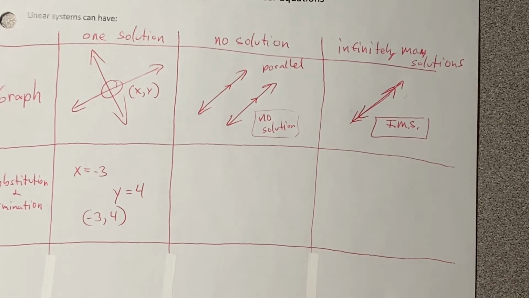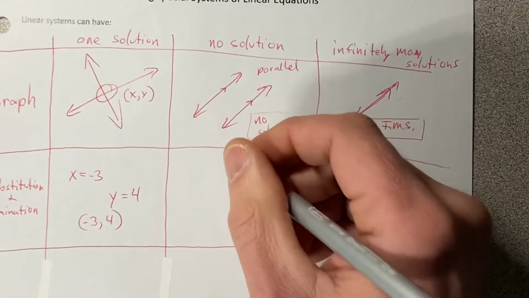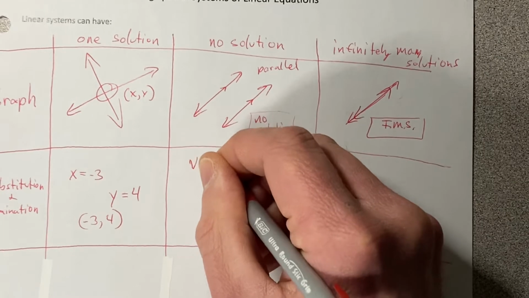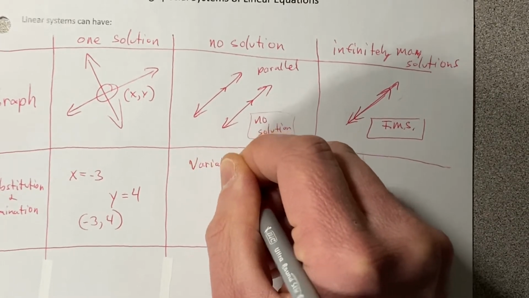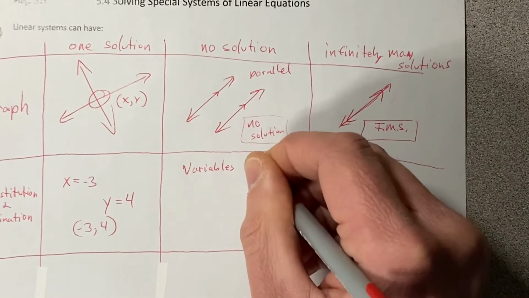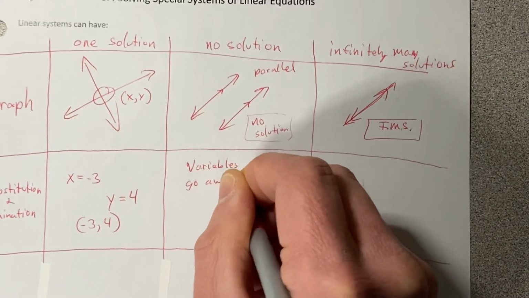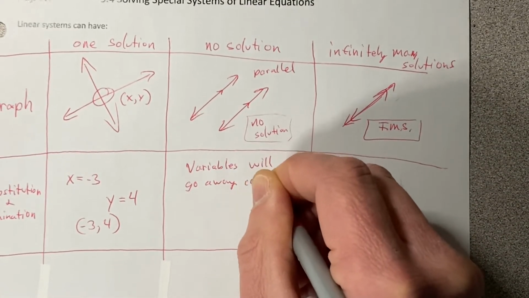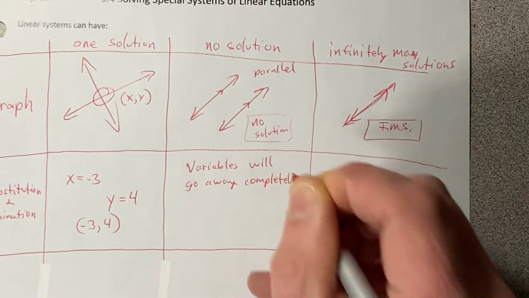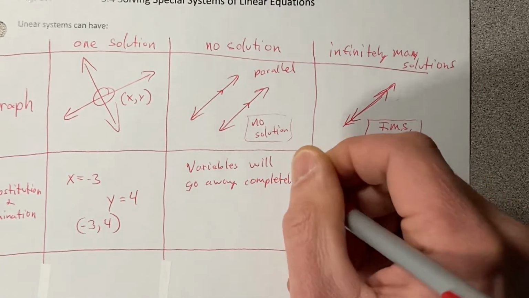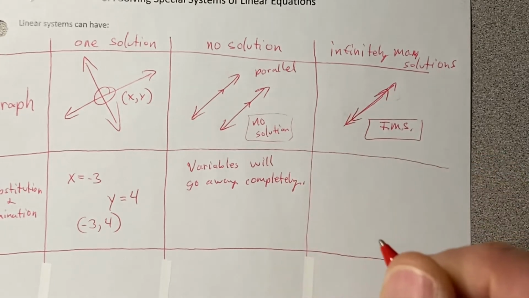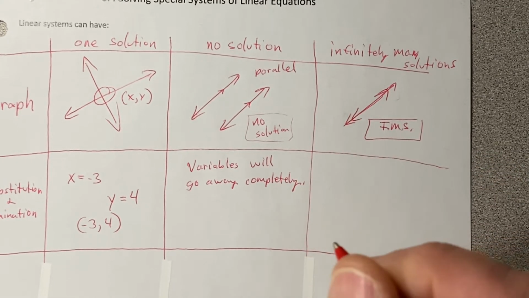For no solution, what happens with substitution and elimination is that the variables will go away completely, and you'll be left with a false statement.